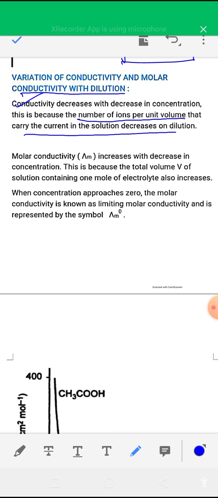Now see molar conductivity. How does molar conductivity vary with dilution? Molar conductivity increases with decrease in concentration, that is, molar conductivity increases with dilution.